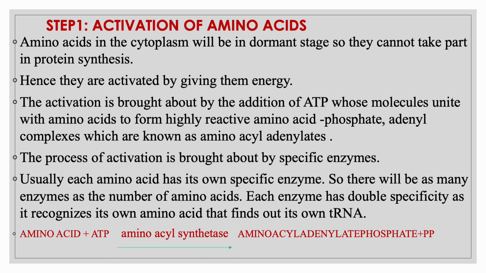So, we can see here the equation as to how the amino acids are activated in the presence of the enzyme. The amino acid requires some energy, which is provided by ATP in the presence of the enzyme amino acyl synthetase. It forms amino acyl adenylate, and pyrophosphate is also released.